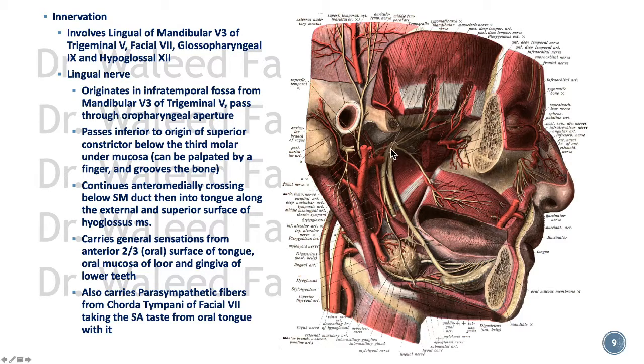It descends, goes on the lateral surface of the hyoglossus muscle, and enters the mouth or the oral cavity between the origin of the mylohyoid and the superior constrictor. Means it will be on the bony wall of the oral cavity. It will be on the lower jaw in a groove right underneath the third molar.